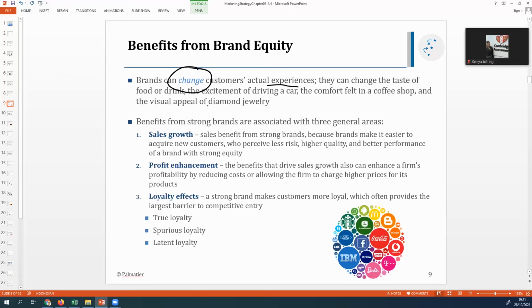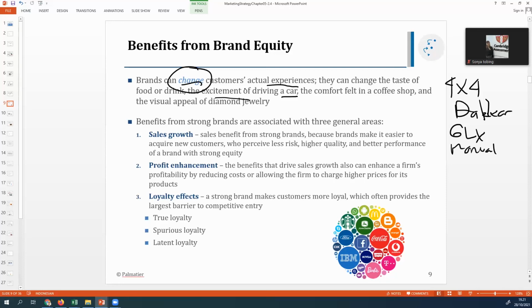They can taste the excitement of driving the car. 4x4, yeah, Dakar, or GLX 4x4 manual. So the brand can change customer actual experience.